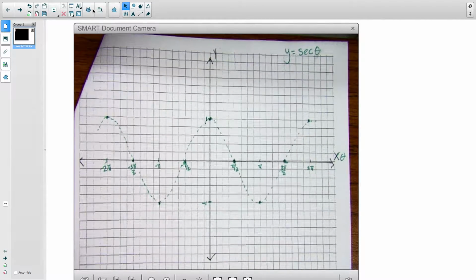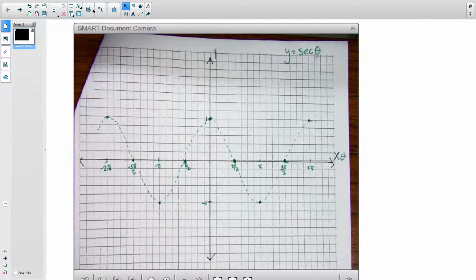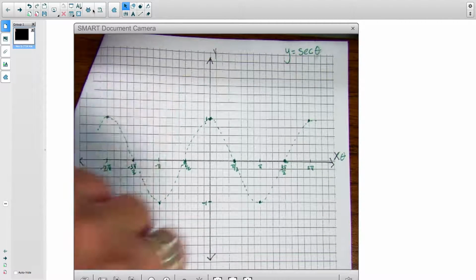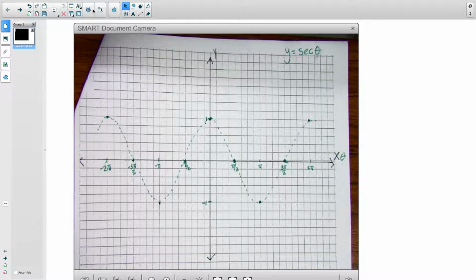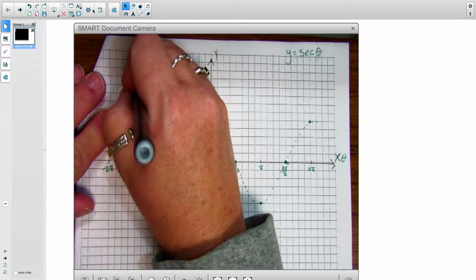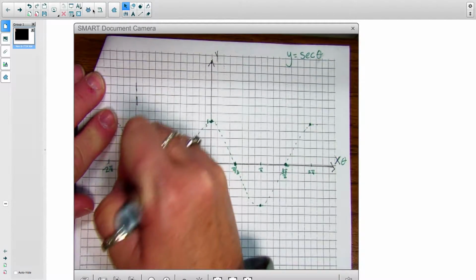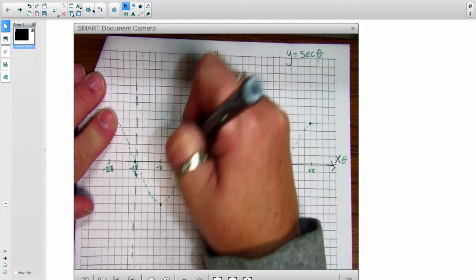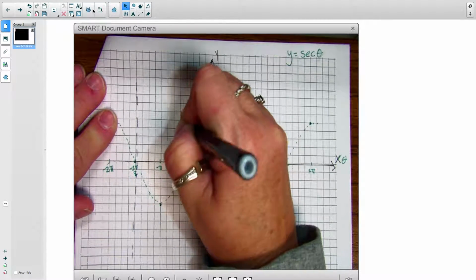When you go to graph secant and cosecant in your homework, this is what you want to do. You want to graph the corresponding sine or cosine graph as a dotted line. And now, at those zeros, when I take the reciprocal of 0, what do I get? 1 over 0, which is undefined. So we have an asymptote at all these x-intercepts.